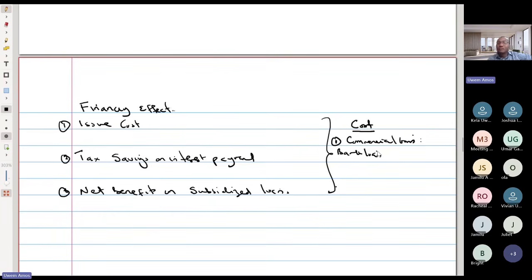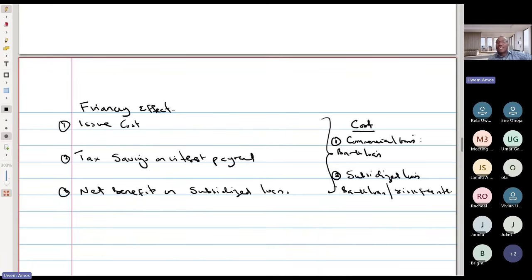That is allowed. For the subsidized loan, if you want to discount it, you can still decide to use the bank loan, or you can decide to use the risk-free rate. Whichever you use is allowed.